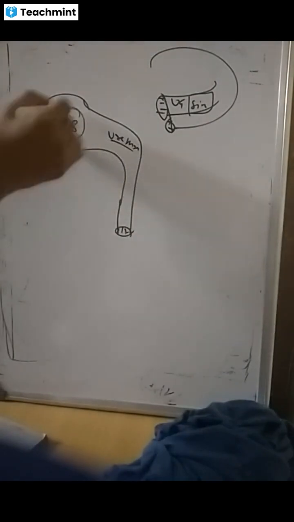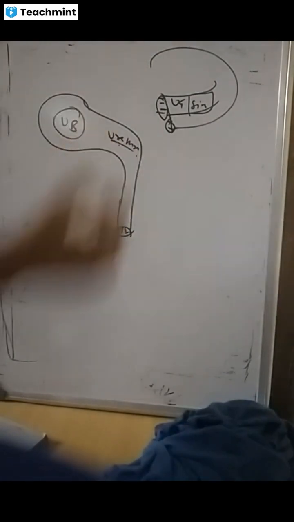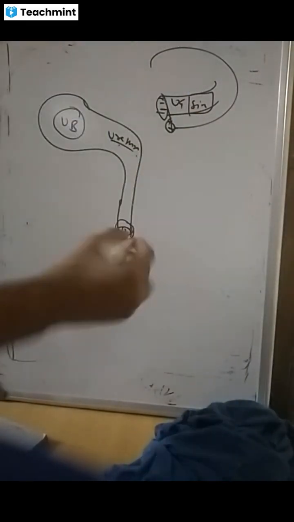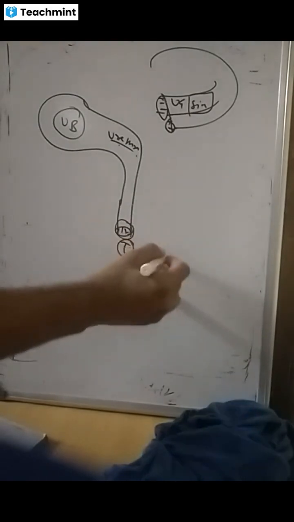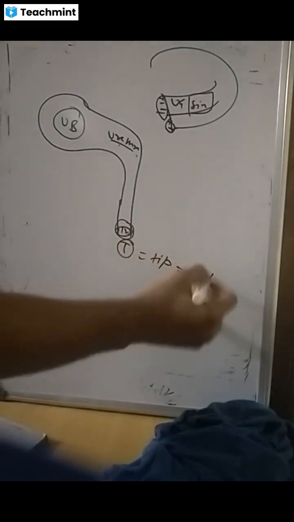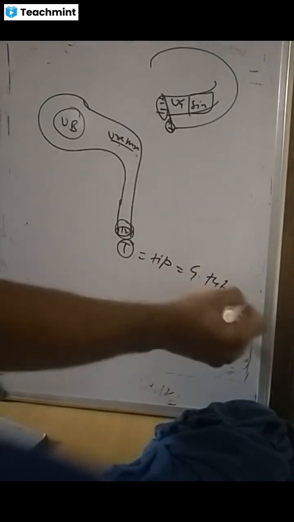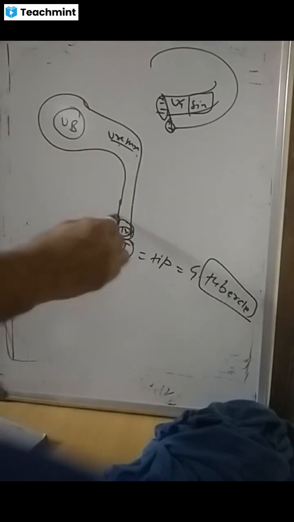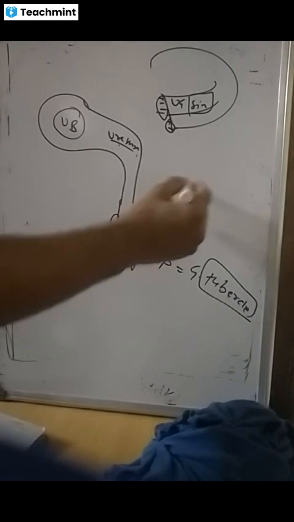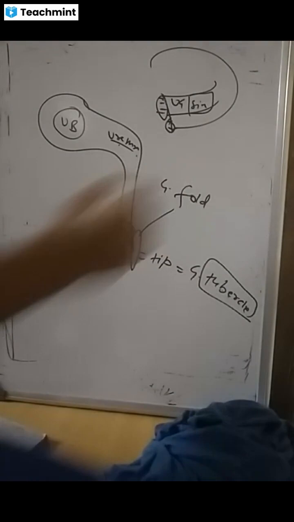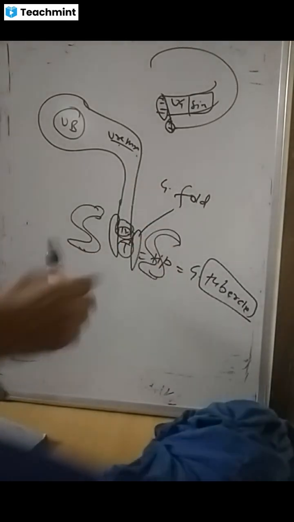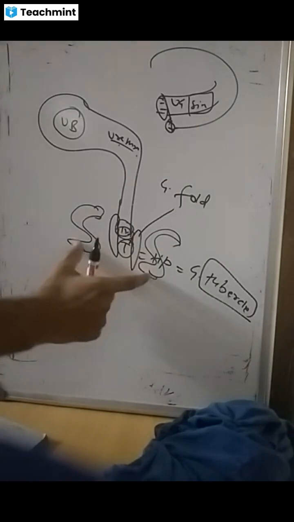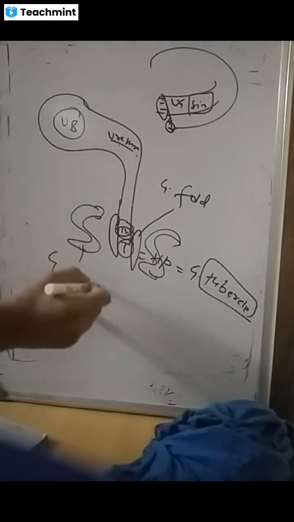Around this part, three swellings develop. One at the front tip is the genital tubercle, and two swellings on each side are called genital swellings.